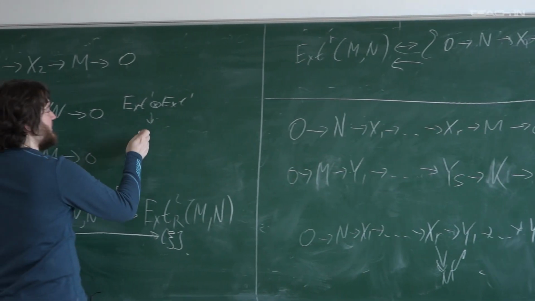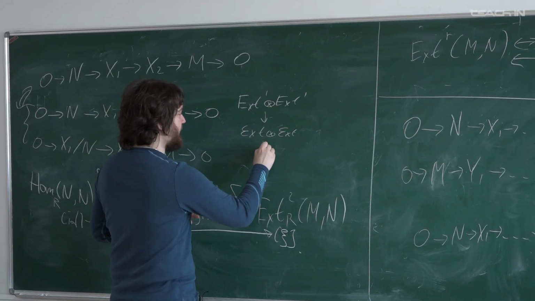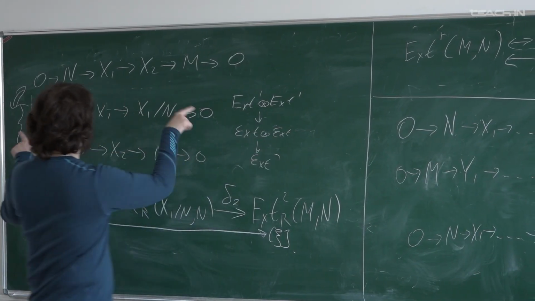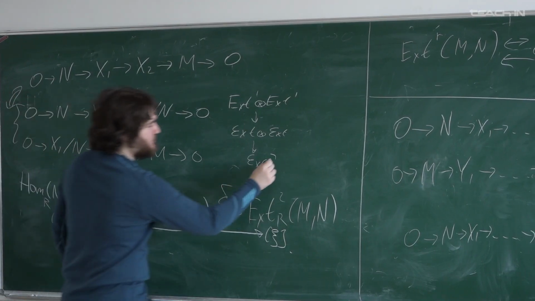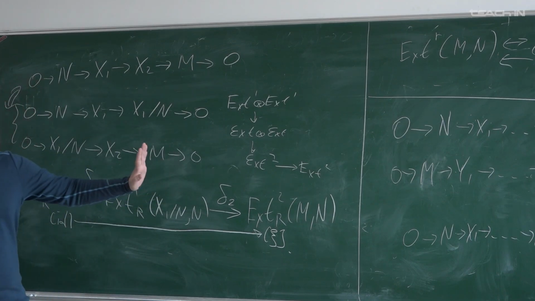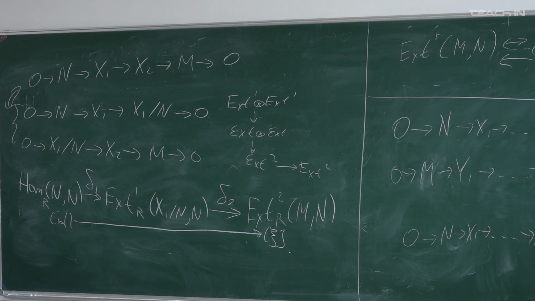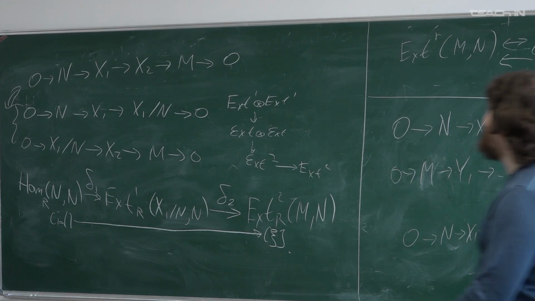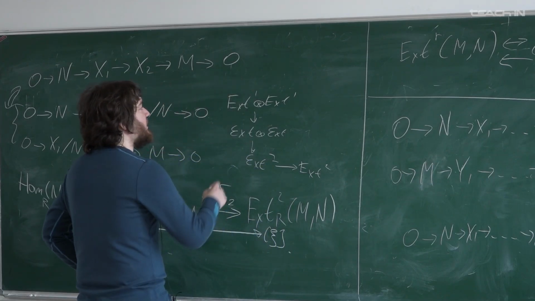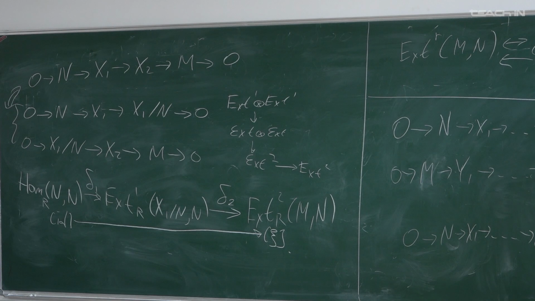From 2 extensions, we obtain an extension of length 2, and from an extension of length 2, we have Ext2. So we construct squares. In fact, it's true that we can construct any multiplications of this form. It's also true that, for example, you can act by Hom.